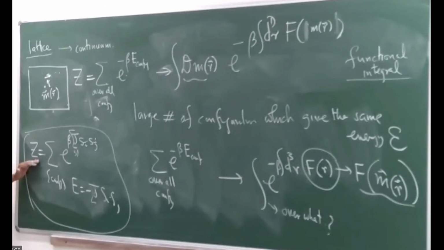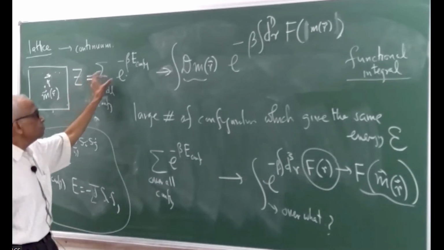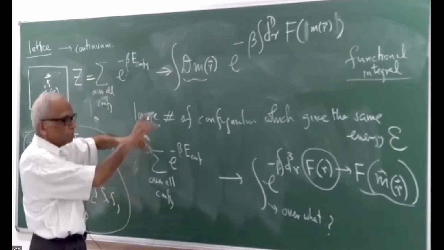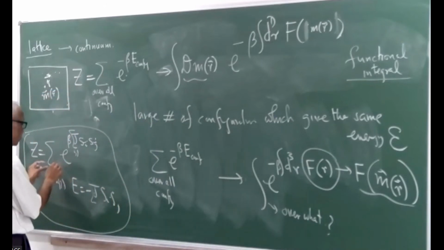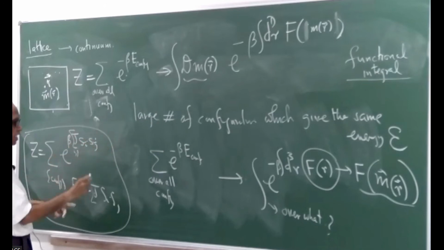This one is clear? Yes, sir. All right. So now what are you doing over here? What is the analog? Number one, instead of energy, you have to read free energy, because there is the smearing out of one point. Over here it was point by point on the lattice.